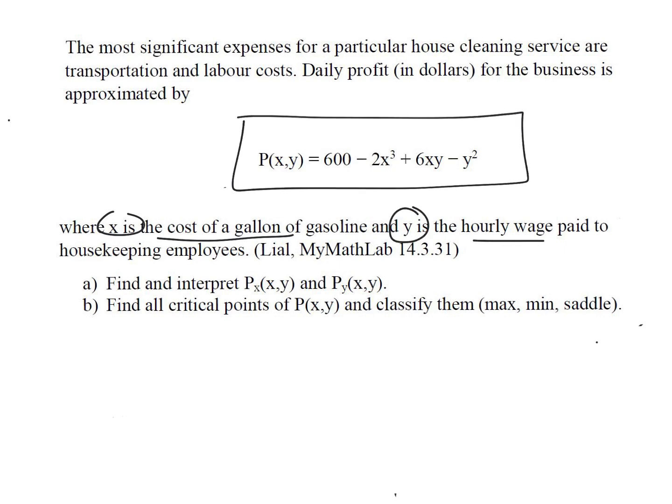And Y is the hourly wage paid to housekeeping employees. So it says, part A, find and interpret P sub x of xy and P sub y of xy. So those are the first derivatives with respect to each of the variables. So first we have to find what they are, and then we're going to interpret what they mean within this profit function.